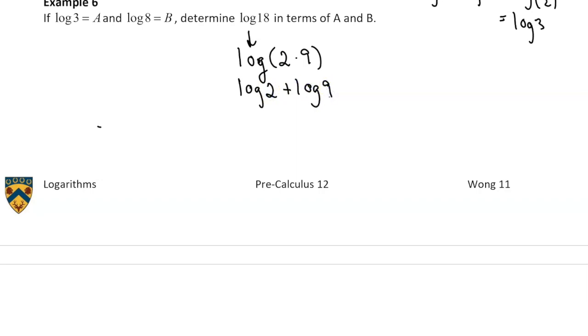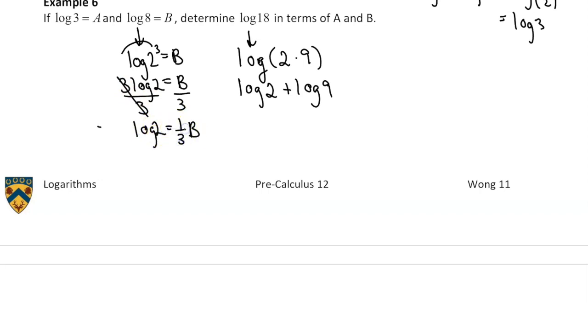Now, what do we know about some of these parts here? Well, let's see. Log 8 equals b. So that means that log 2 cubed equals b, which means that 3 log 2 equals b, which means that log 2 would be equal to 1/3 of b.